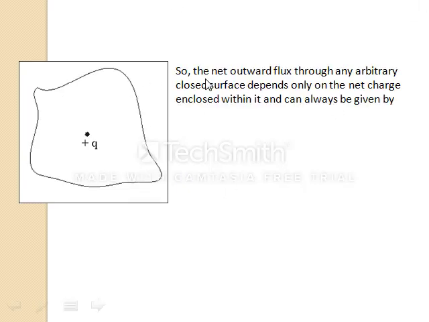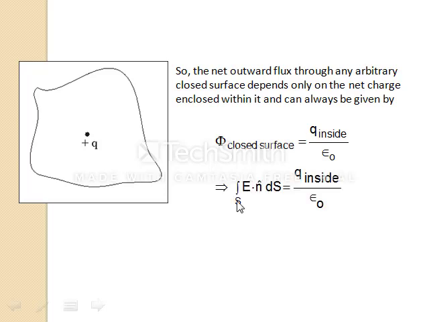The net outward flux through an arbitrary shaped surface depends only on the charge enclosed within it, and it is always given this way. Phi closed is q inside by epsilon naught. Or we can express this in integral form this way, or you could even write this E dot n cap as E cos theta ds, this way.